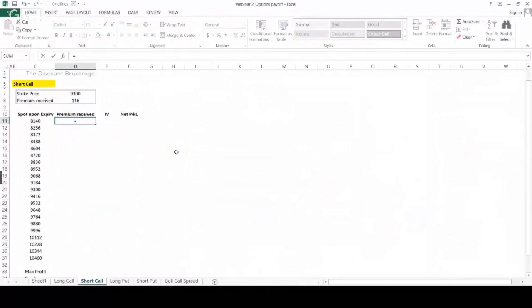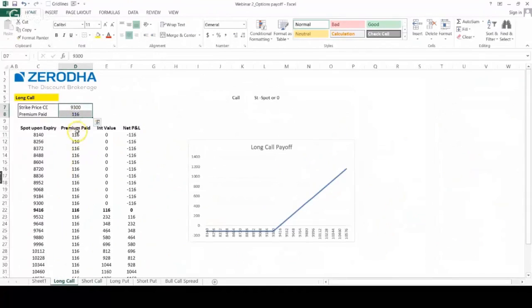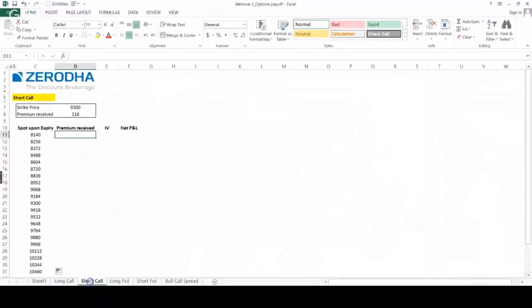So here, remember when you short an option, the premium is received. So you receive this 116. So the guy is paying 116 here, the premium is being paid, and this is being received by the person who has shorted the option, or who has written the option, right?